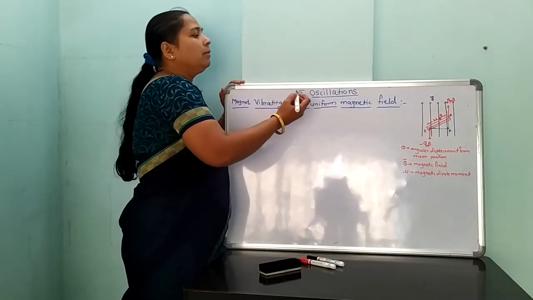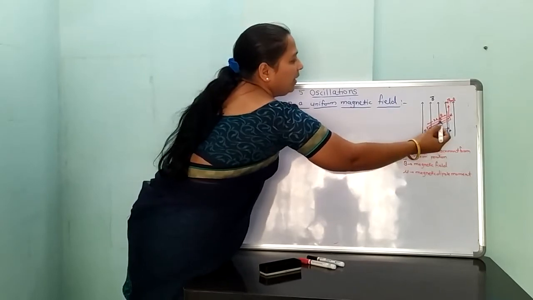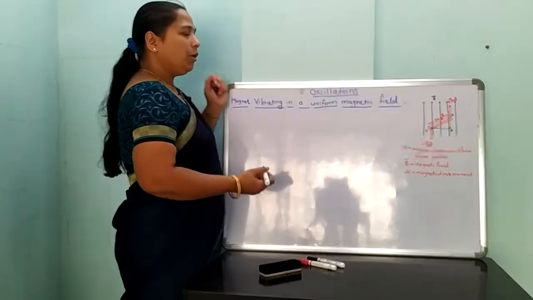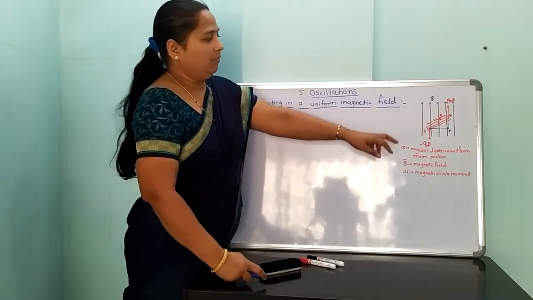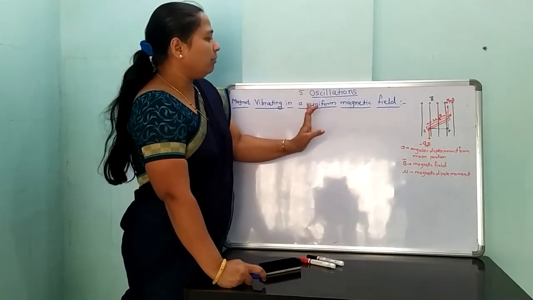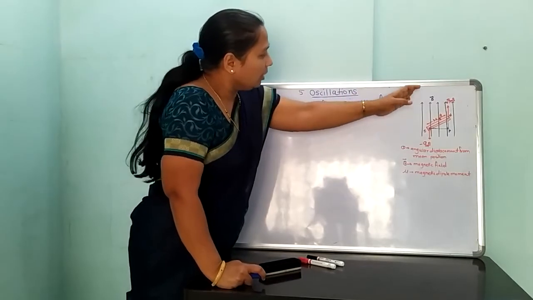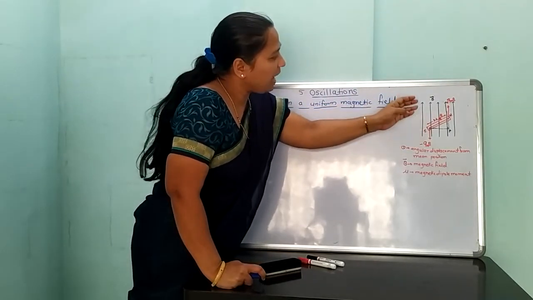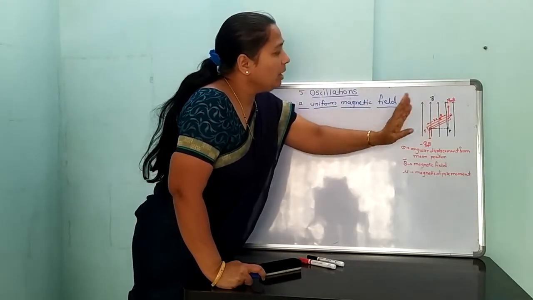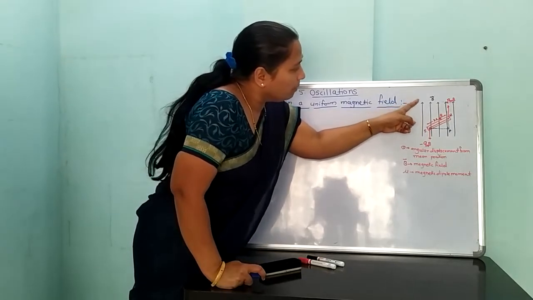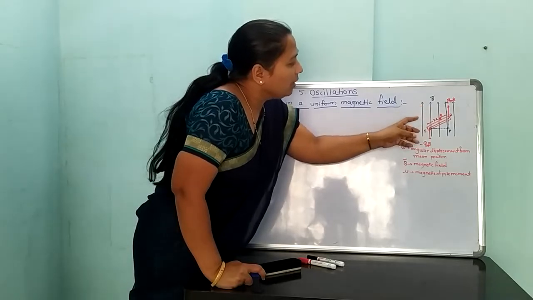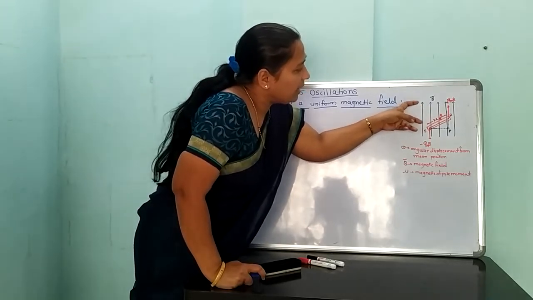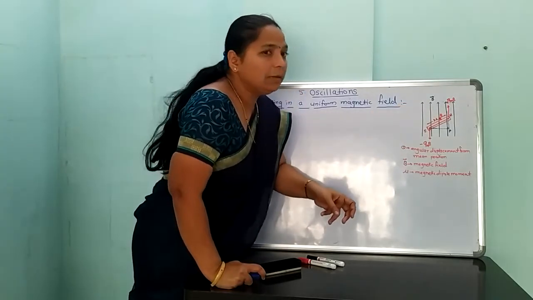Therefore, the bar magnet is kept in a uniform magnetic field. Figure of that bar magnet vibrator. Uniform magnetic field means parallel lines are drawn, and the parallel lines of a magnetic field show that it is a uniform magnetic field.